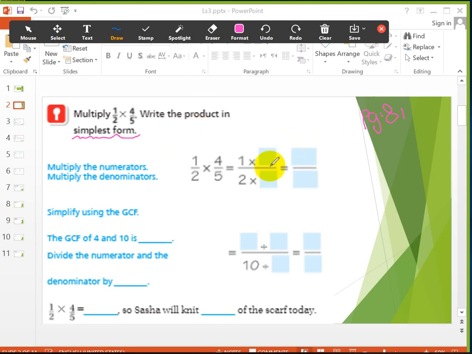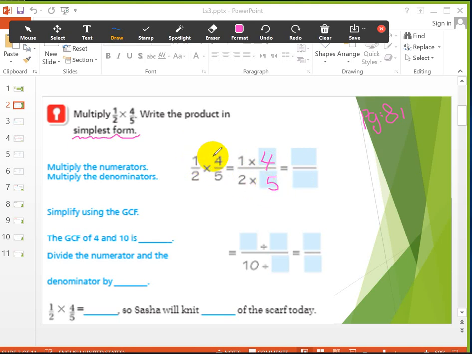The numerator will be the multiplication of the numerators, and the denominator will be the multiplication of the denominators. That means if you want to multiply 1 over 2 with 4 over 5, you have to multiply 1 with 4 and 2 with 5.